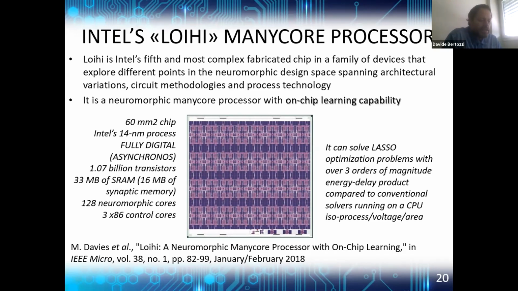But the neuron density, on the other hand, is 2 times smaller with respect to TrueNorth, and this is probably due to the extended support for the feature set of the Loihi chip. So it supports a wide number of learning capabilities and configuration options.